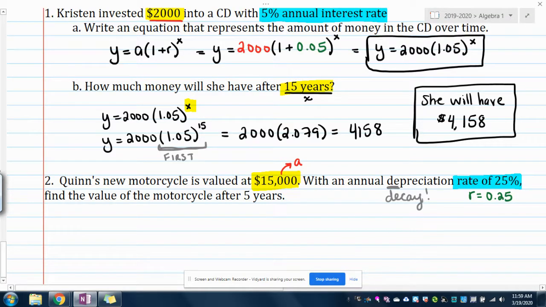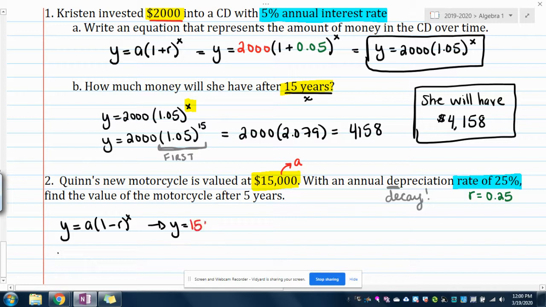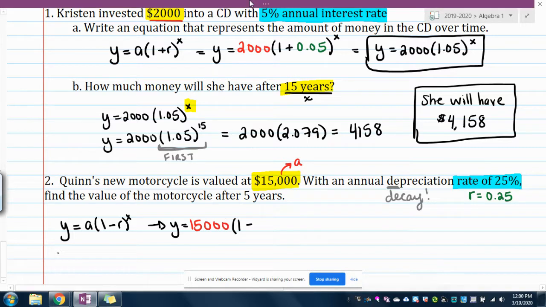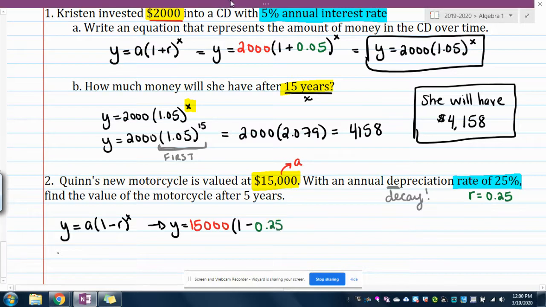So first you have to get your equation. Okay, so I have y equals A times 1 minus r, because it's decay, to the x. So I have y equals 15,000, because that's my A value, times 1 minus 0.25 to the x power.